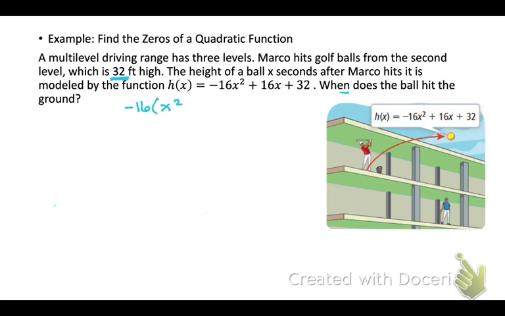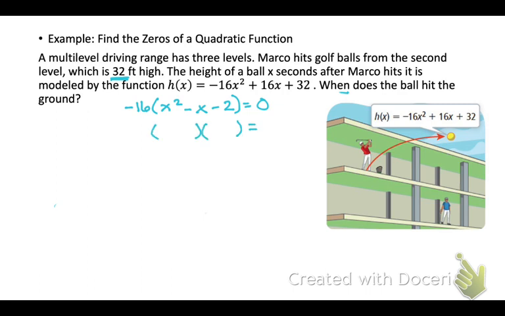Okay, so x squared minus x minus 2. Oh yeah, minus. Now this equals what? 0. Because that's going to be the height when it hits the ground, right? So that should be easy. What and what?